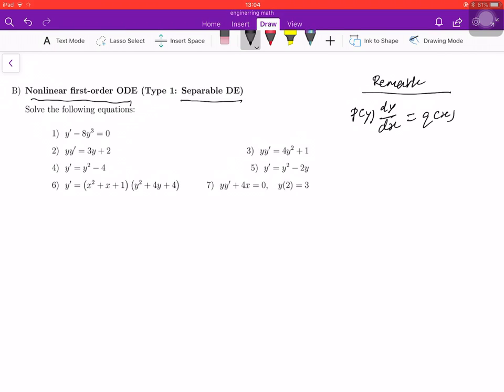If the differential equation is separable, we can put all the functions of y on the left hand side, and then the known functions of the independent variable on the right hand side, and this is a separable differential equation.